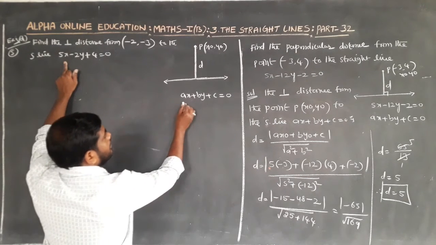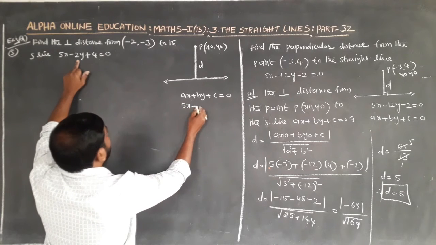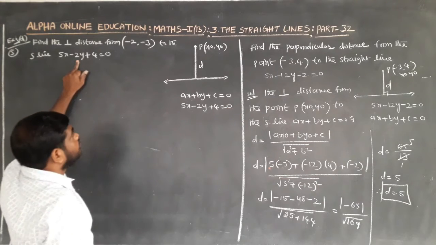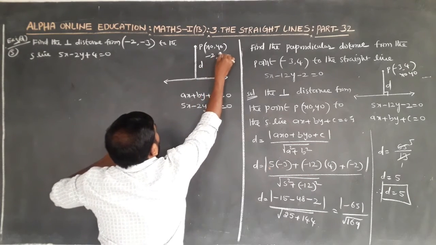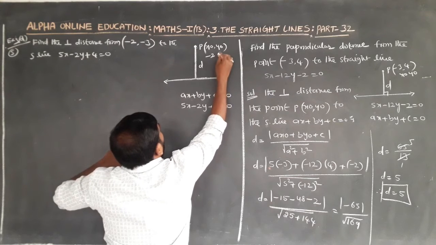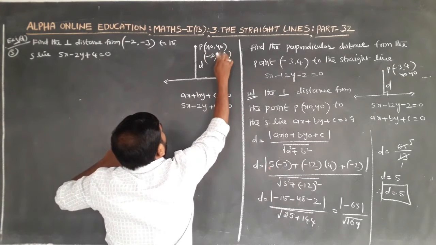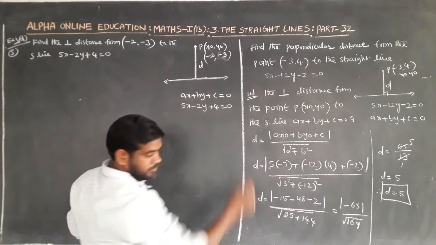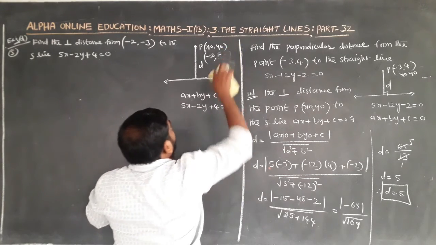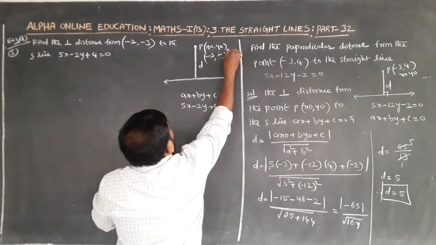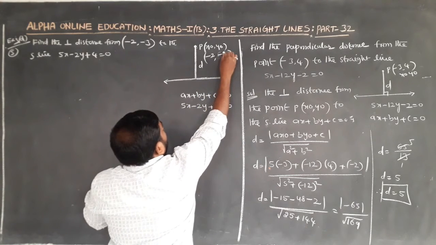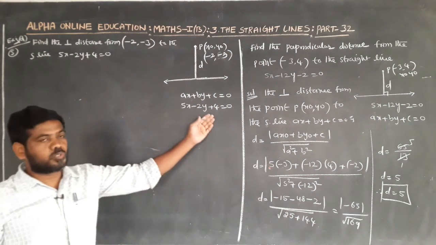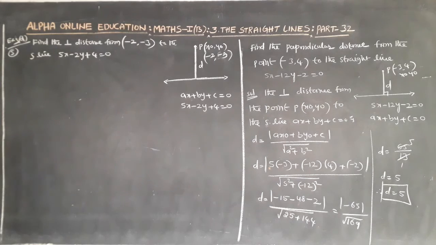Here the given equation of the straight line is 5x minus 2y plus 4 is equal to 0, and the point is (minus 2, minus 3).